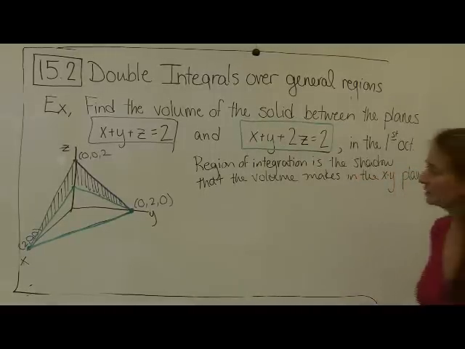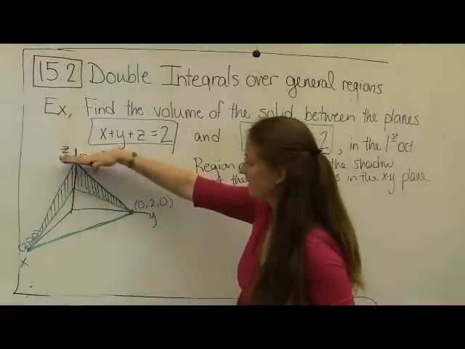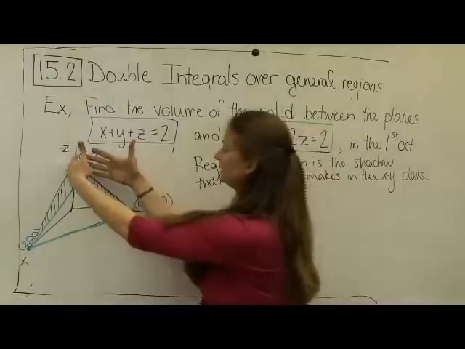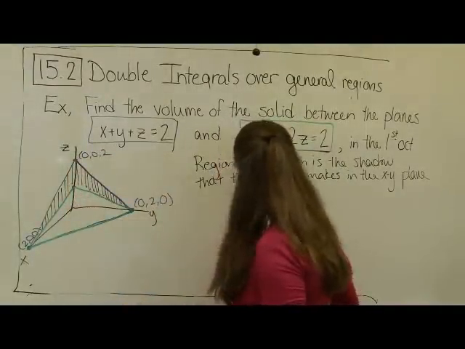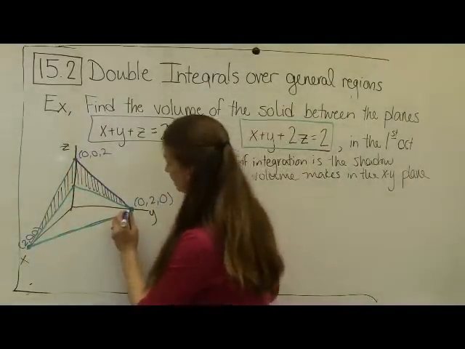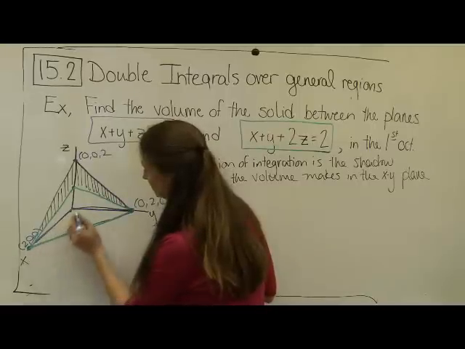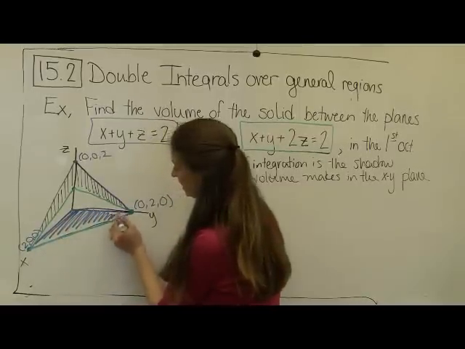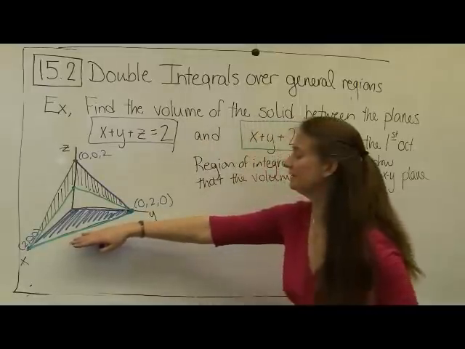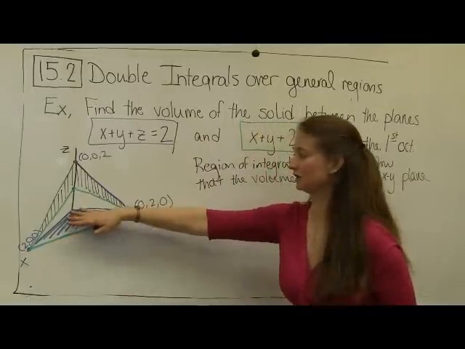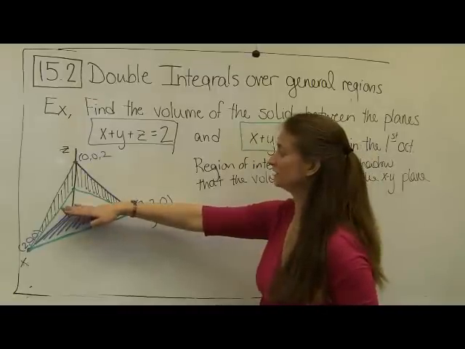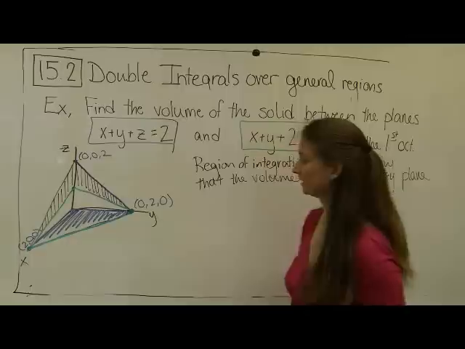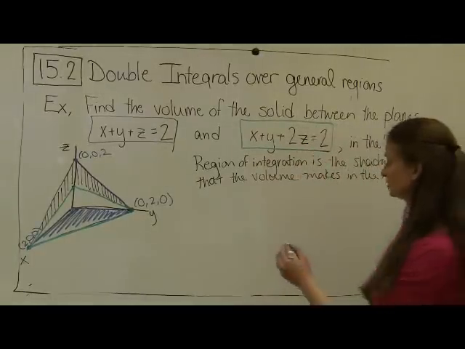In this case, if we were to project this down into the xy plane, we only want the intersection of these regions in this front half. That means the shadow it makes is going to be this triangular base. So I need to be able to describe this triangular base as a region. And the function itself is going to be the top plane minus the bottom plane. But let's concern ourselves first with the region.